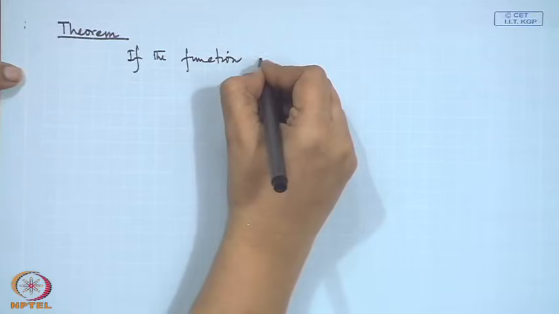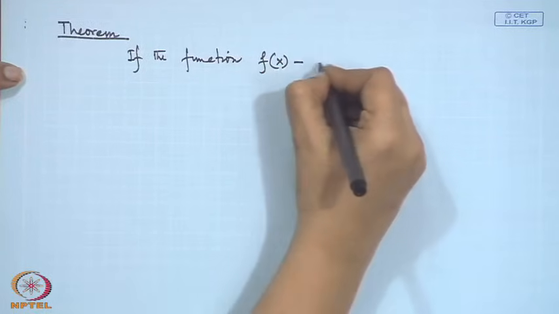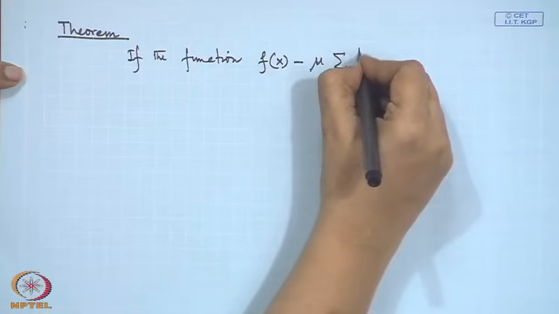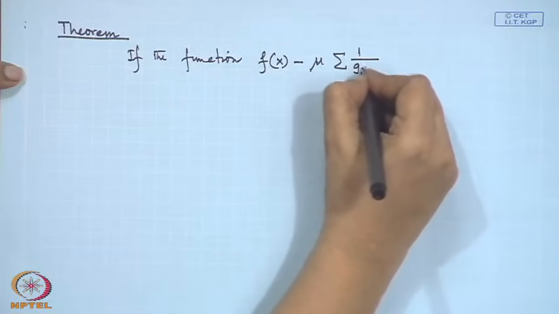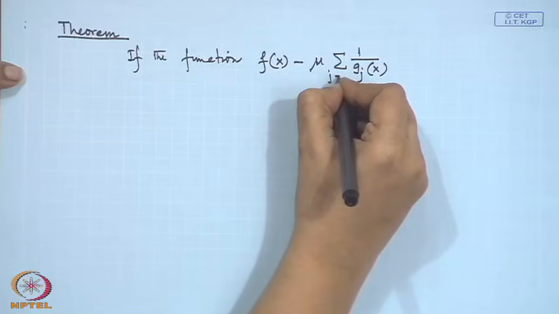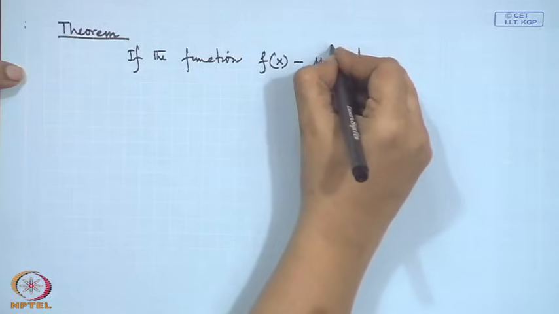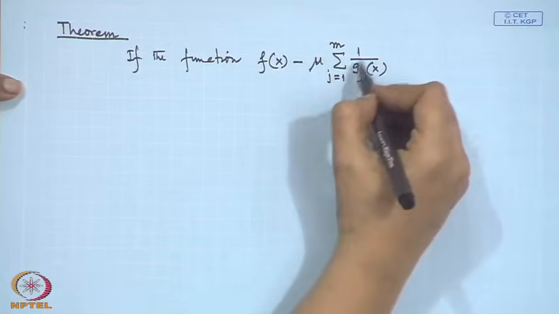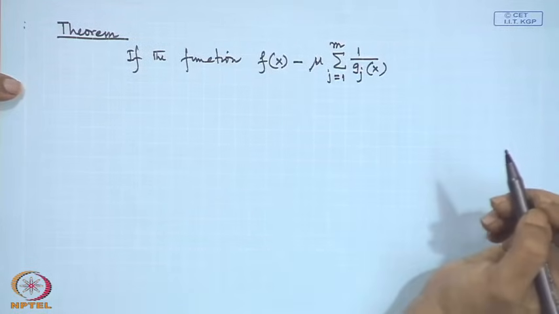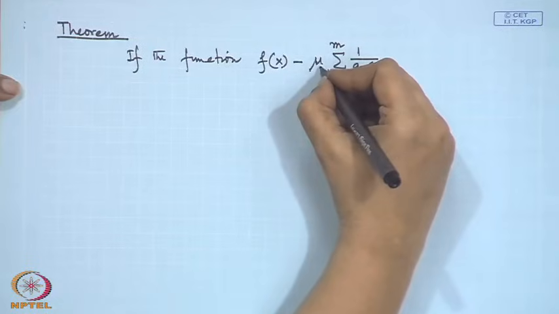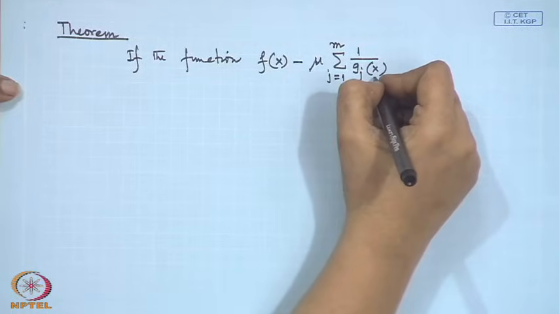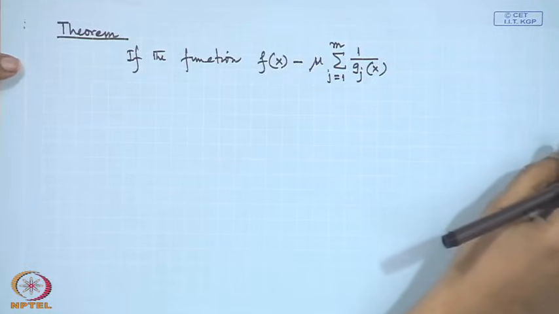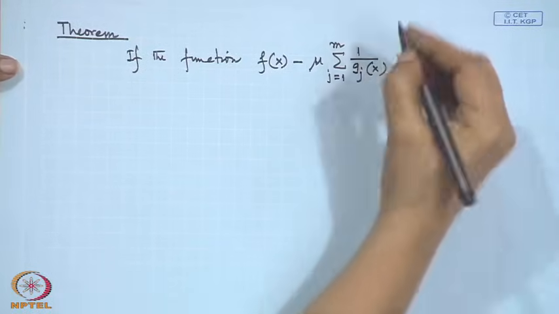If the function f(x) minus mu summation, j equal to 1 to m, of 1 by g_j(x), if we have m inequality constraints, and minus 1 by g_j(x) is the augmented penalty term, then we consider mu for all constraints. We can consider different mu's even, but for simplicity we are considering a single mu.